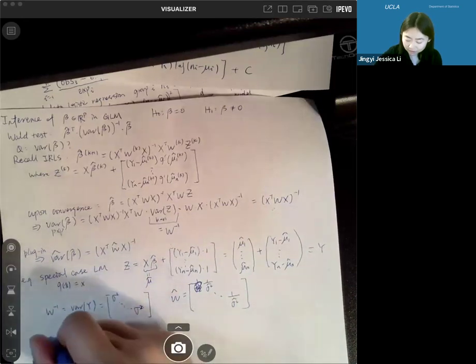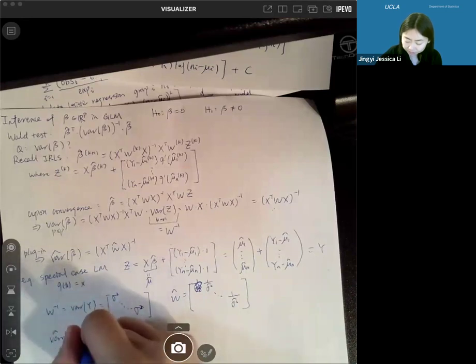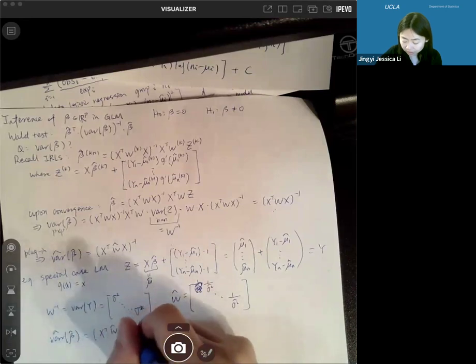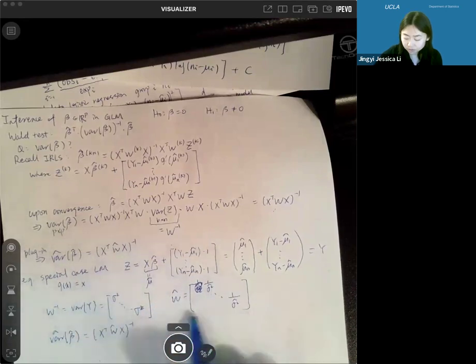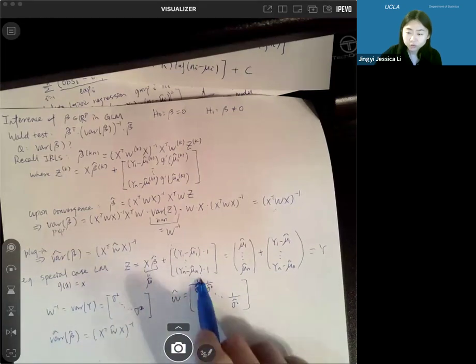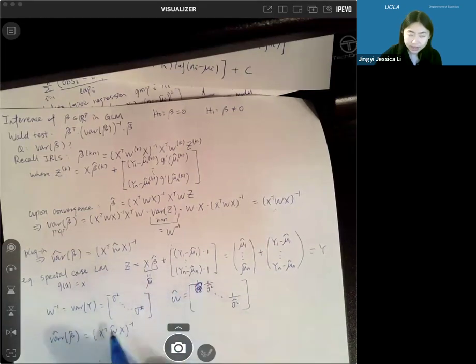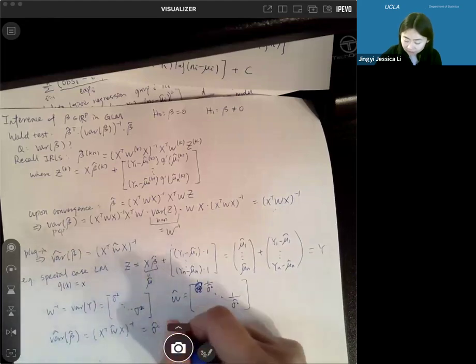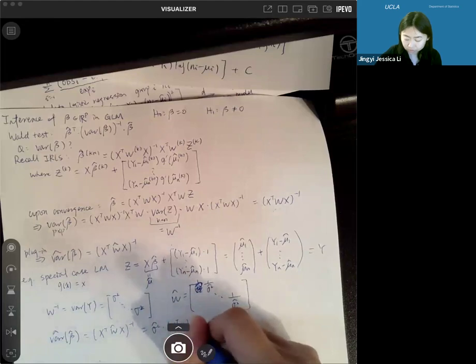And then what is this x transpose x inverse? So you see that then the estimated variance of beta hat is x transpose W hat x inverse, because this W hat is just diagonal with the same entries, 1 over sigma hat square. You can take it out of it. So I will actually have sigma square hat times x transpose x inverse.